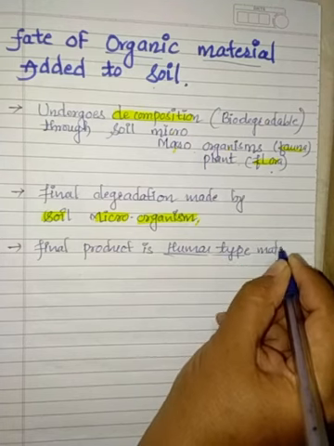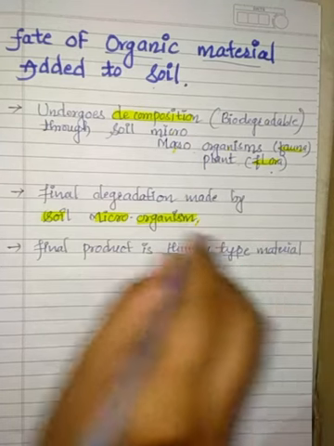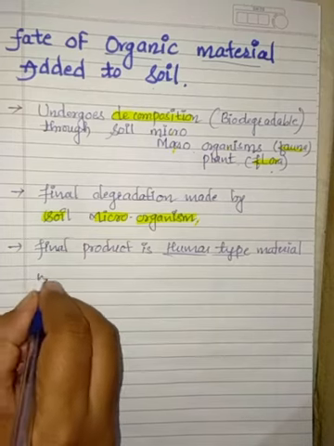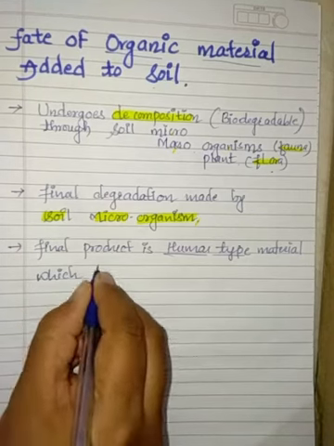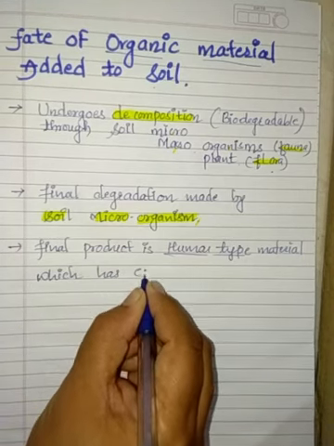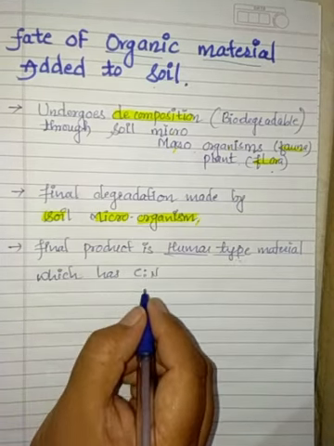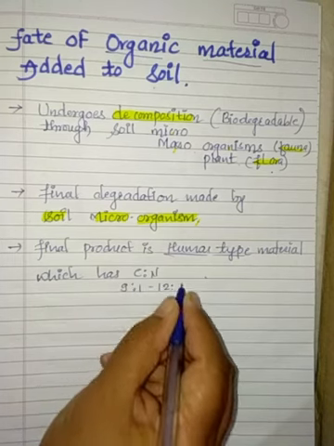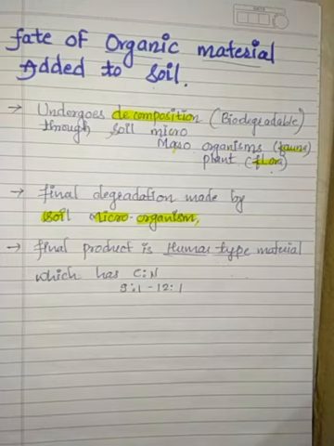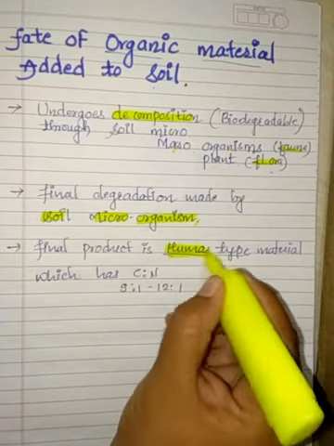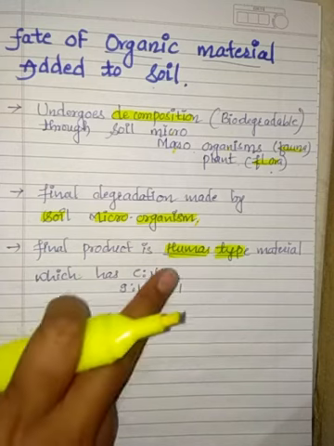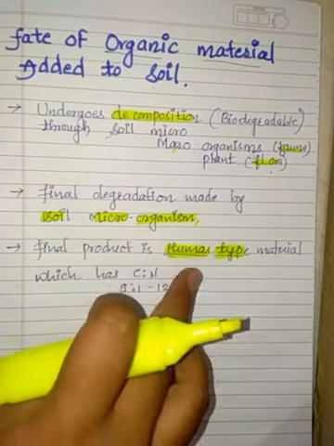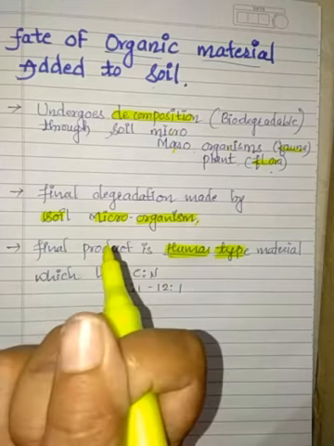Humus type material, which has a carbon and nitrogen ratio around 9:1 to 12:1. So what final product do we get? Humus type. I hope you have seen earthworm or vermicompost, how humus is present in nature.